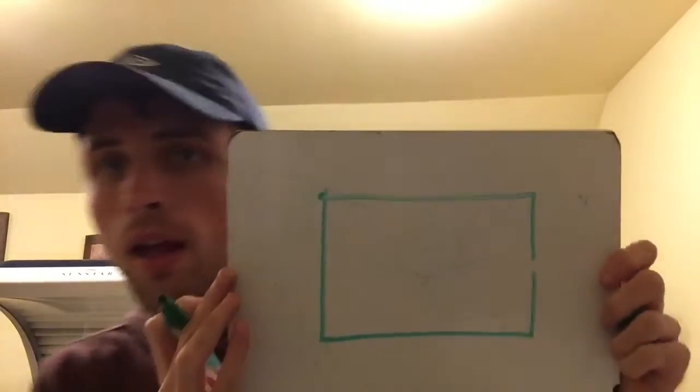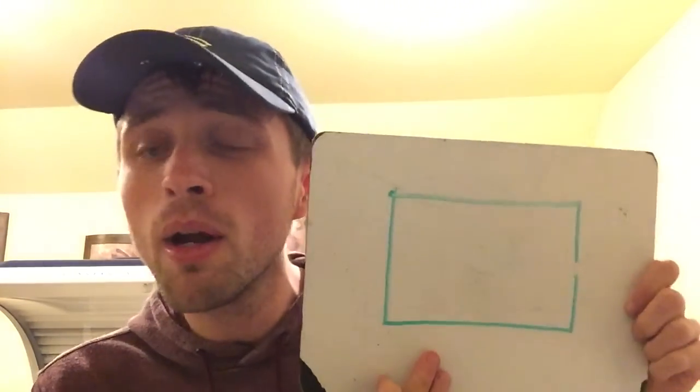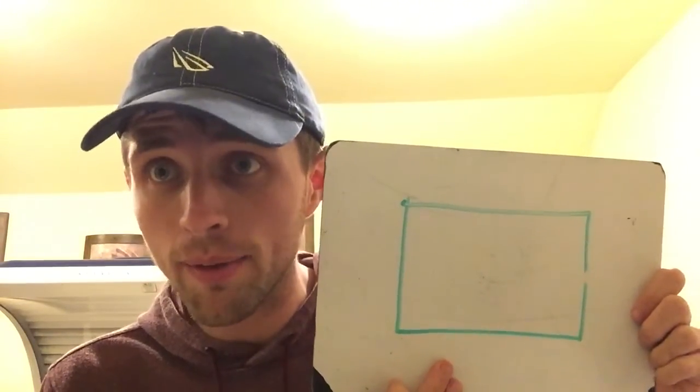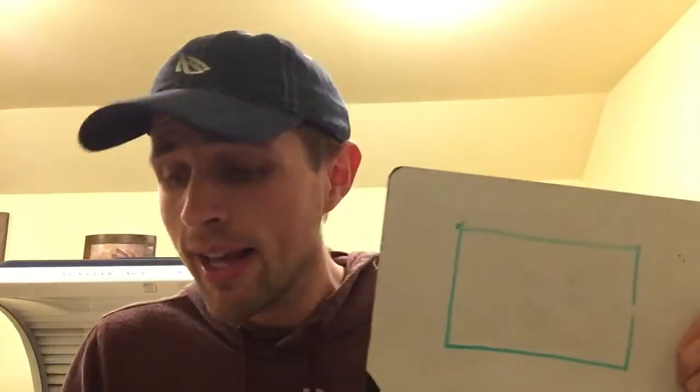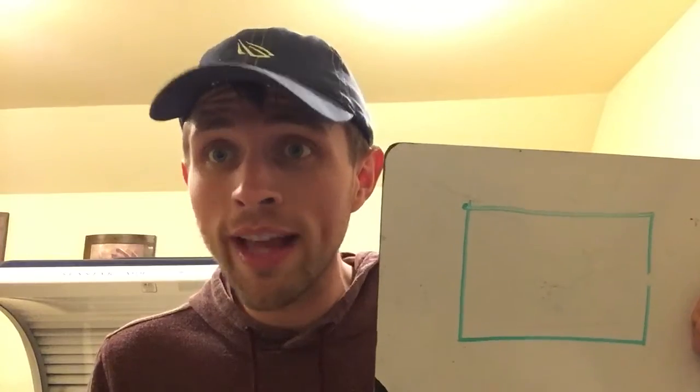Here's what I mean by that. Let's say that you have a rectangle, and let's say that your rectangle has the dimensions on the side. Now, if you remember, we did perimeter without tiles, where we had dimensions on the side. And remember, dimensions is just a fancy word for your length and your width.